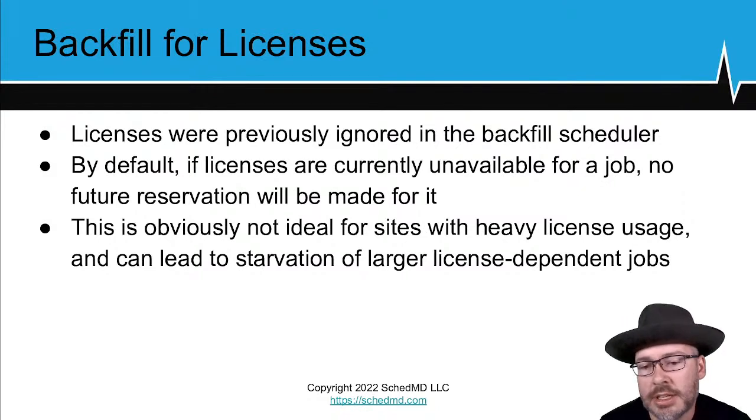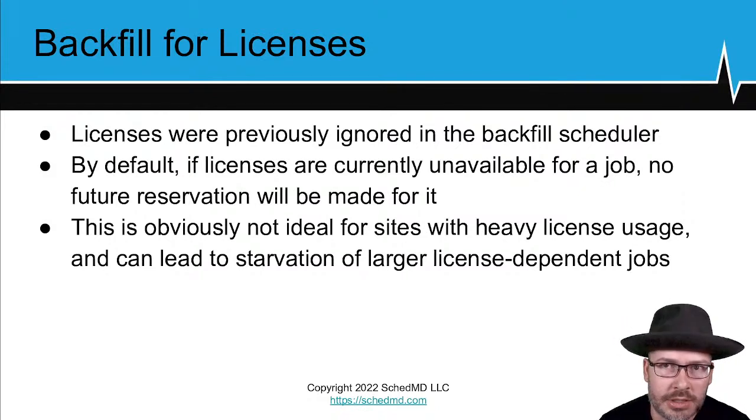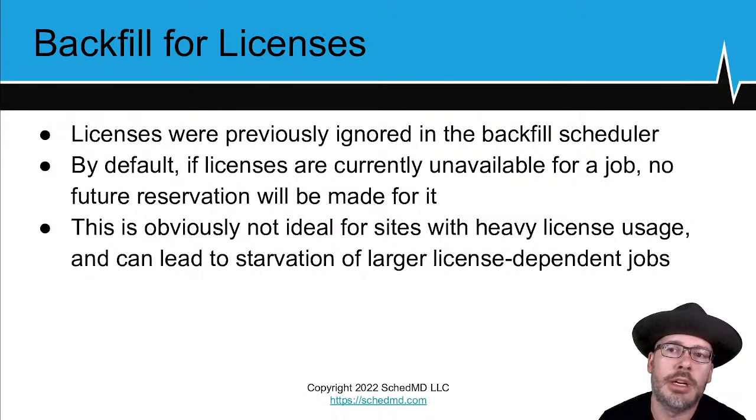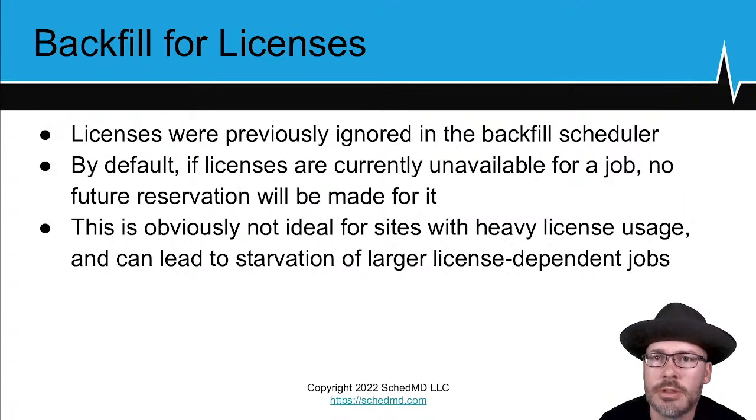One important caveat that has long lurked there, though, is that the backfill scheduling in Slurm, which is responsible for interleaving a lot of lower priority work and keeping your system utilization up, has never had support for tracking and managing those licenses through time.